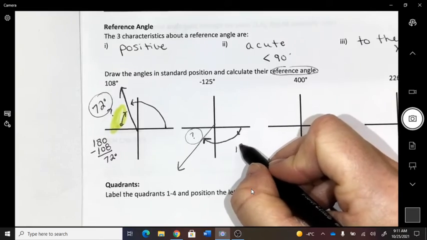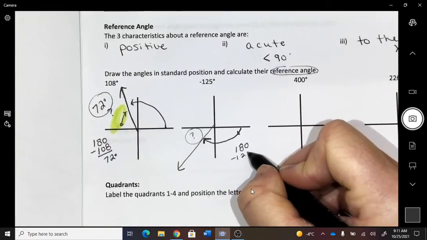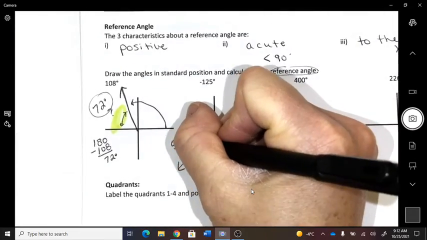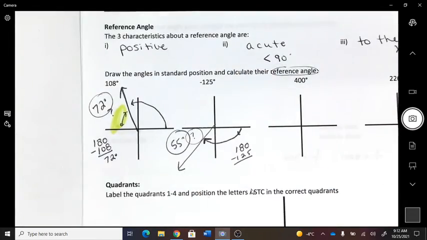If you haven't thought of a strategy here, this is what I'm doing. I'm doing 180 subtract 125 to see what's left in that spot. So there's 55 degrees of distance in there. Positive, less than 90, and to the closest x-axis.